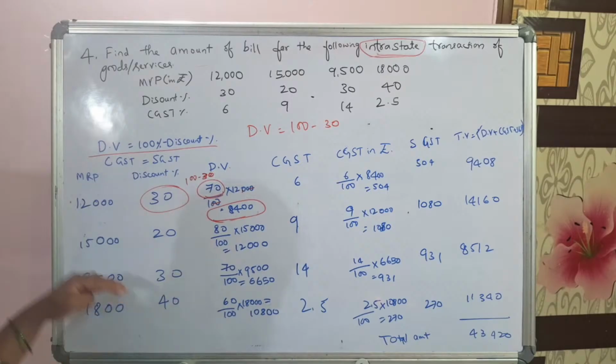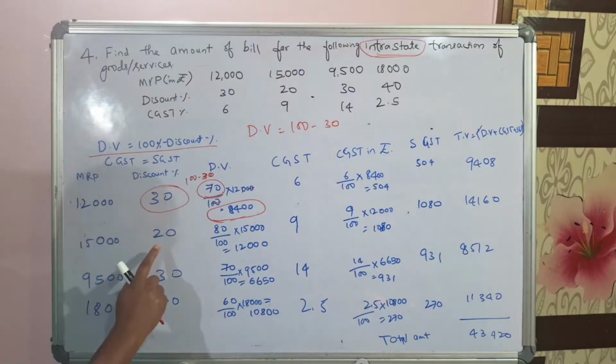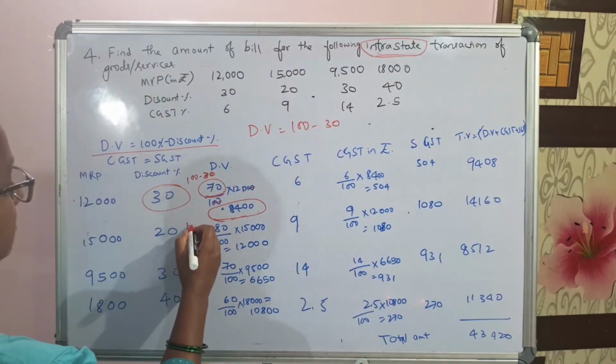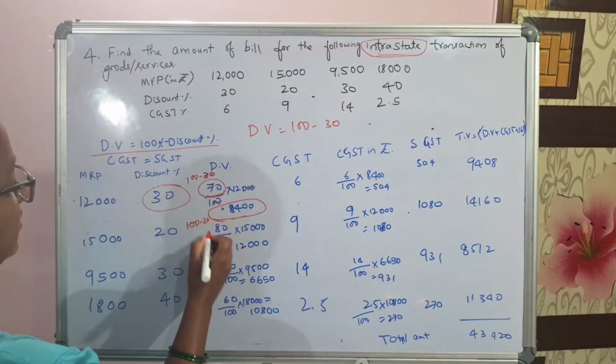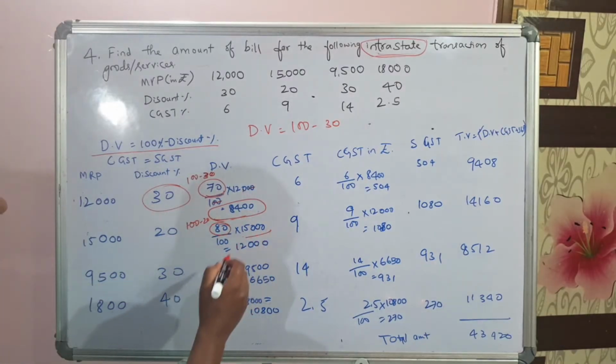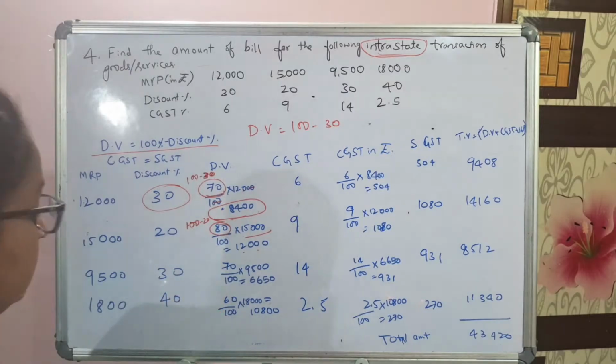the discount value for the rest of the amount. For MRP 15,000, discount percent is 20, so the discount value is 100 minus 20, which is equal to 80%. So 80 divided by 100 into 15,000, which is equal to 12,000.